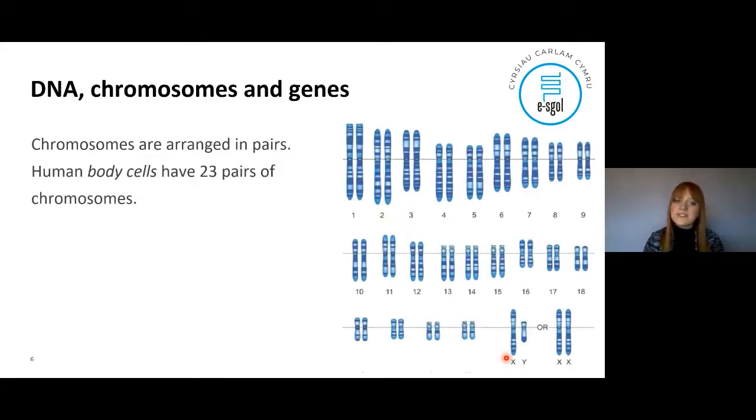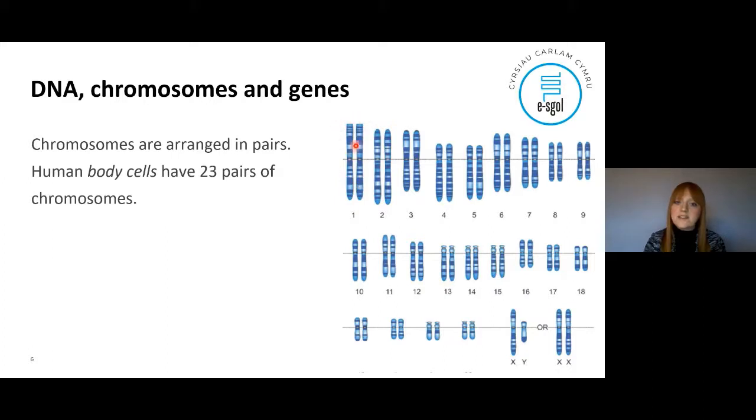Often you will see diagrams whereby the chromosomes are sat side by side in order, from 1 to 23. So human body cells, that's important to remember, have 23 pairs of chromosomes. Why do we have 23 pairs? Because we inherit one chromosome from our mum and one from our dad.